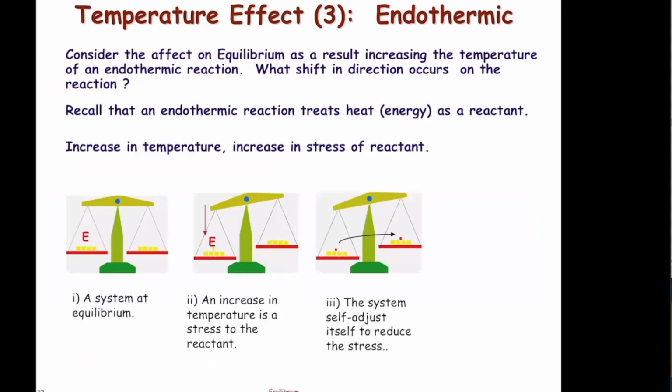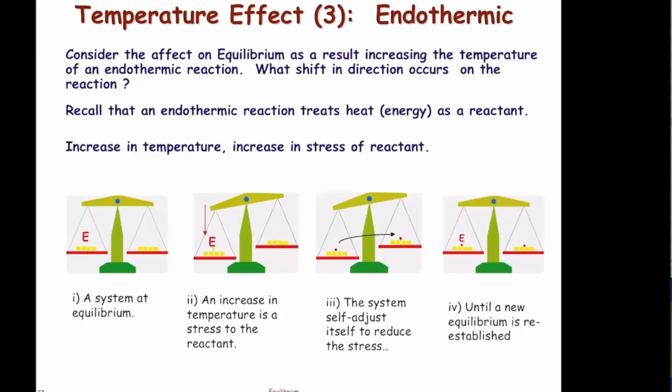So if you increase the temperature, you add energy, you're putting a stress on the reactant side, it causes that side in the teeter-totter to be heavily weighted. In order for that to go back to equilibrium, the reactant has got to shift over to product until you get a new equilibrium. That's why you need to know where to put energy. Is it on the reactant or the product? And now we can use this teeter-totter analogy.